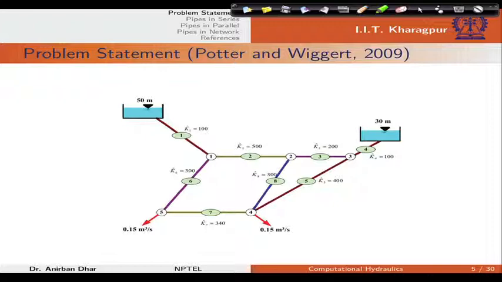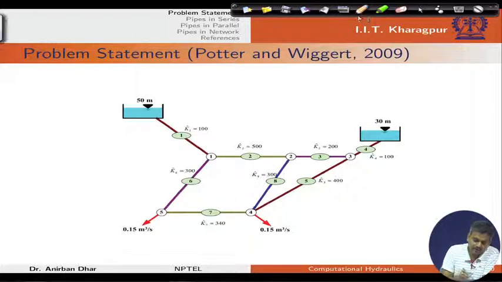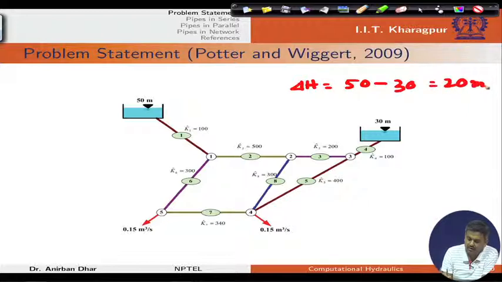In this case, we will consider these two tanks which are having elevations of 50 meters and 30 meters. Obviously, the difference in elevation is 50 minus 30, this is 20 meters.